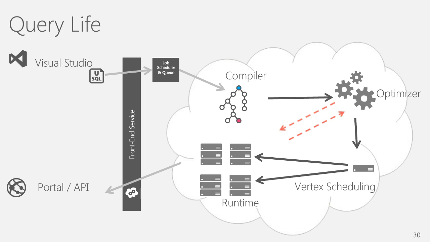Right. So this slide gives you a sneak peek of what a query's life looks like within Azure ADLA. As soon as you submit a query using Visual Studio, it gets into the job scheduler and queues, like we saw in the previous slide, and then it gets into the compiler, where it creates and emits a C# DLL and a C++ unmanaged DLL. Internally, Azure ADLA uses an optimizer.